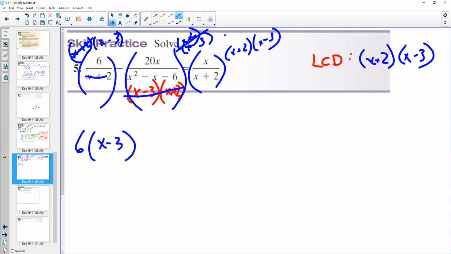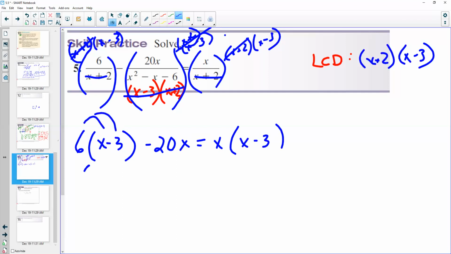These guys all cancel, I get minus 20x. x plus 2 cancels, equals x times x minus 3. All right, it's not the end of the world. We can do this. So let's see, now we distribute. So we get 6x minus 18 minus 20x. Over here I get x squared minus 3x.